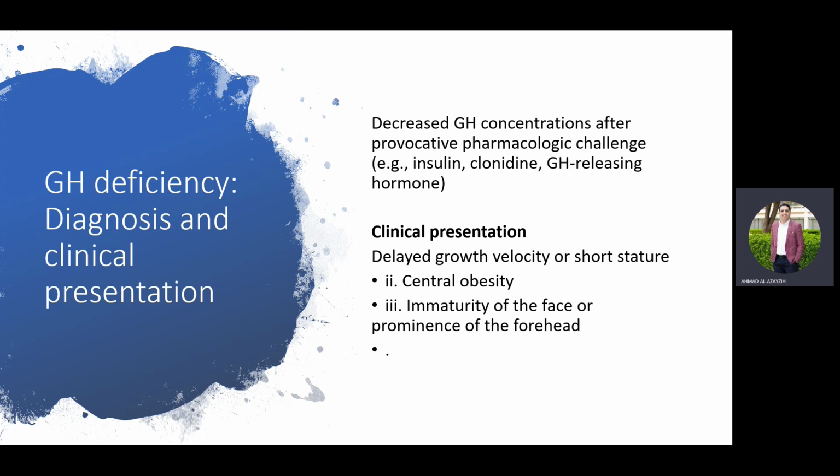For example, some drugs like arginine or clonidine should stimulate the level of growth hormone releasing hormone and decrease the level of somatostatin. Then it's expected that the growth hormone level should go up. If you have a growth hormone deficiency, this is not going to work.